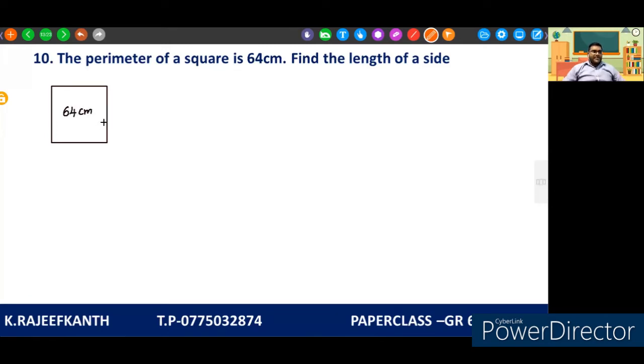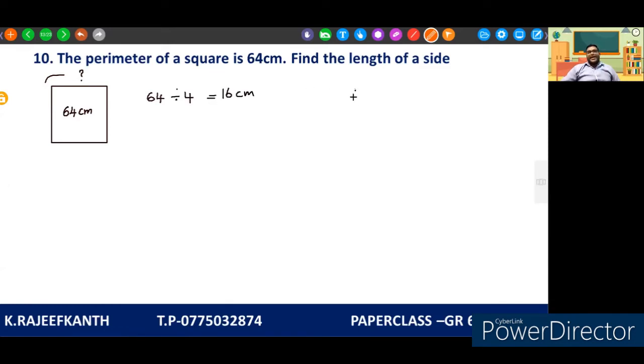Then we have to find the length of a side. Here there are 4 sides. Here the sum of these 4 sides is 64. So that is perimeter. If you want to find one side length, then we have to divide this 64 by 4. Then 64 divided by 4 is equal to 16 centimeter.